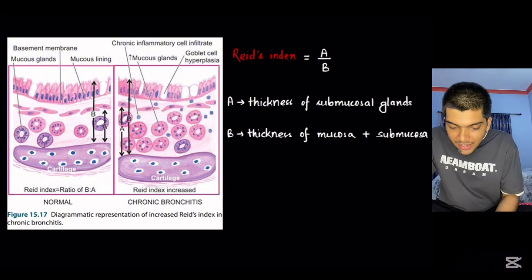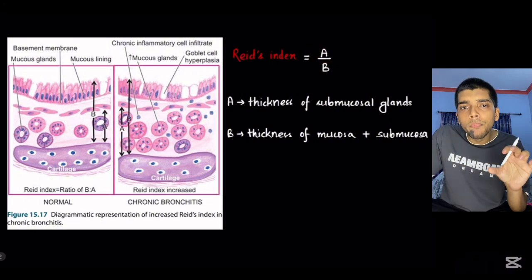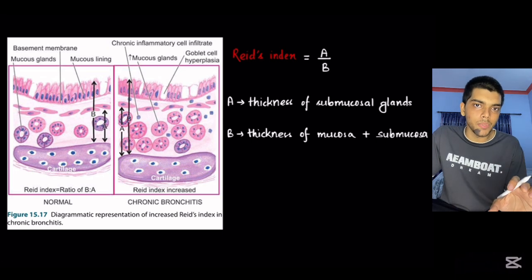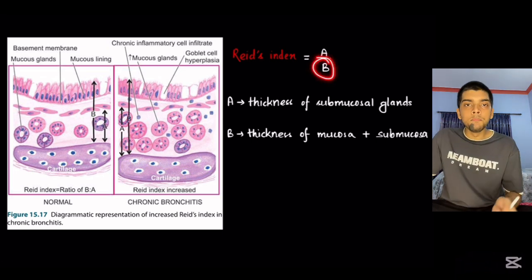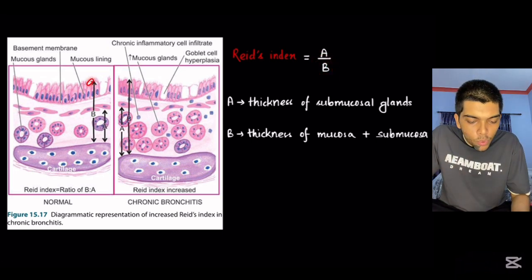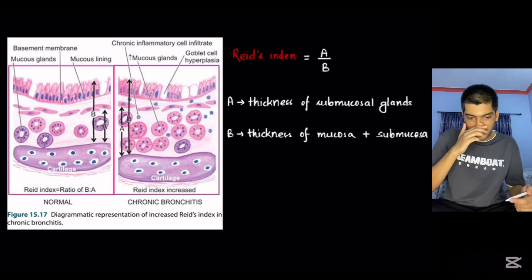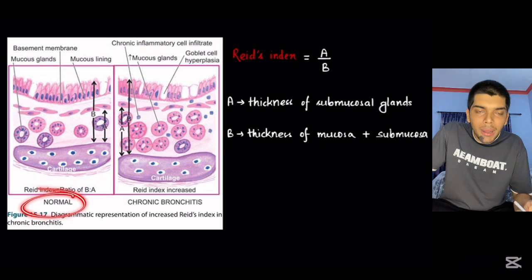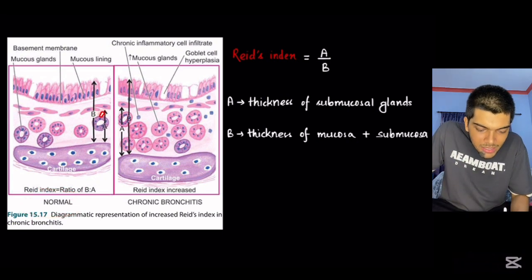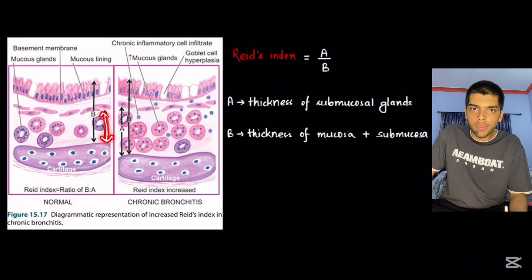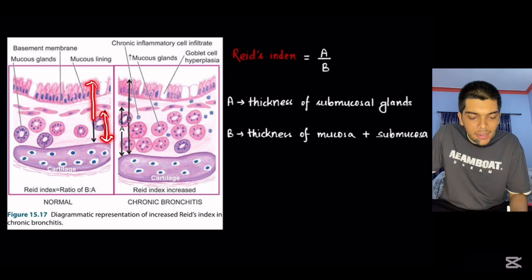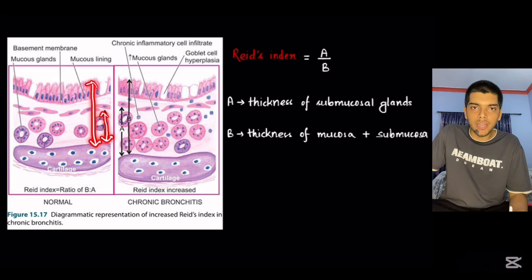So A tells you the thickness of the submucosal glands. Alright? What is B? B is the thickness of mucosa plus submucosa, the whole thing. Now see, normally the thickness of submucosal gland by thickness of mucosa plus submucosa is 0.4.